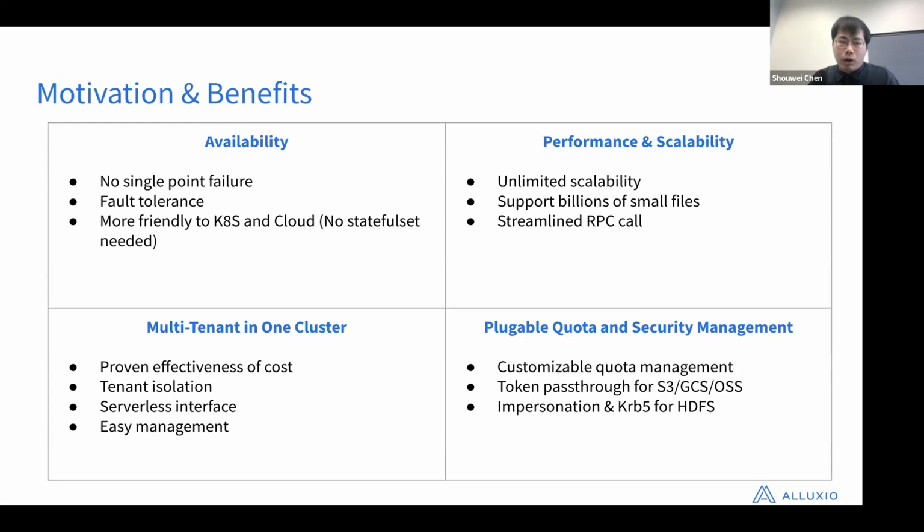At our side, we support multi-tenancy per worker. Even if you launch one Alluxio cluster, you can still split it by the needs of model training. And after you don't need it, you can just destroy the cluster without worrying about data consistency.